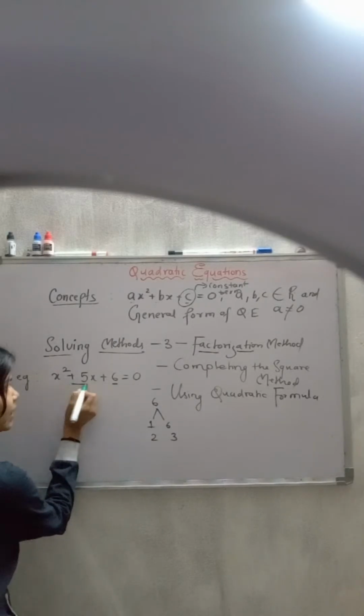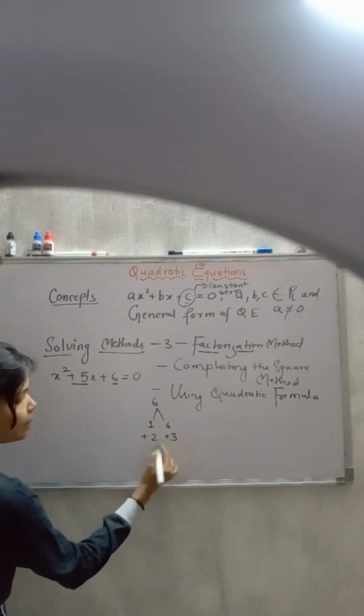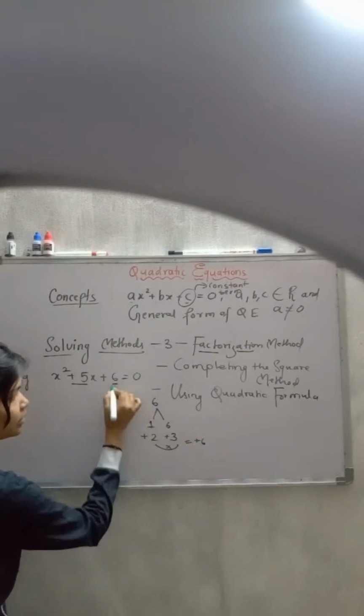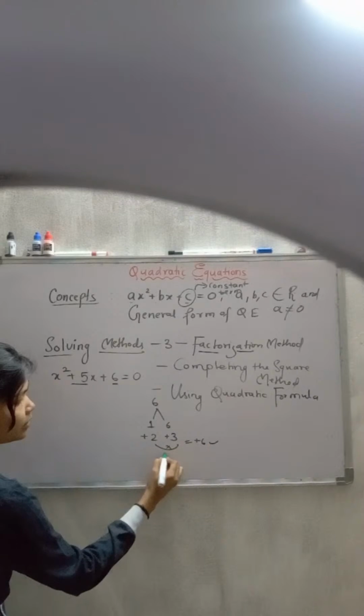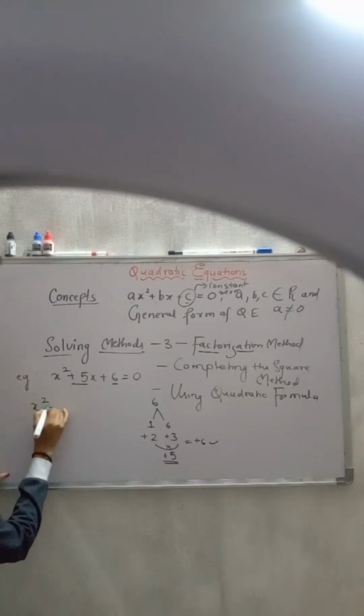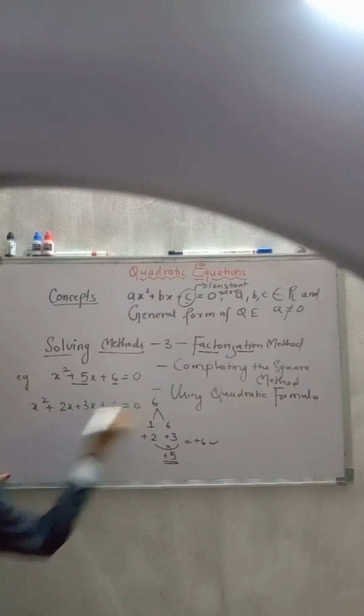Now we want plus 5. So plus 2, plus 3. If we multiply these two numbers, we will get plus 6. And if we add, we will get plus 5. So these are the factors. So x square plus, replace this 5 by 2x plus 3x plus 6 equal to 0.